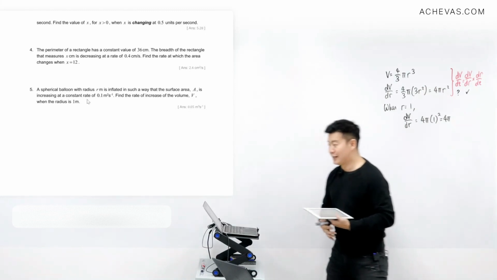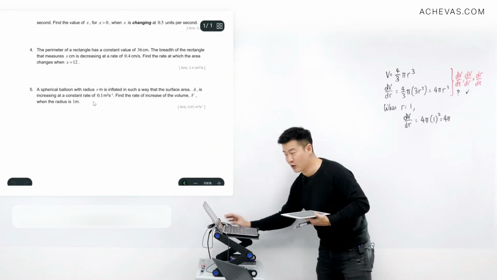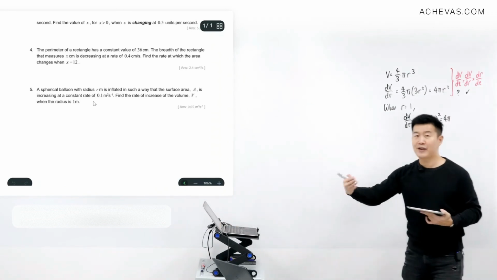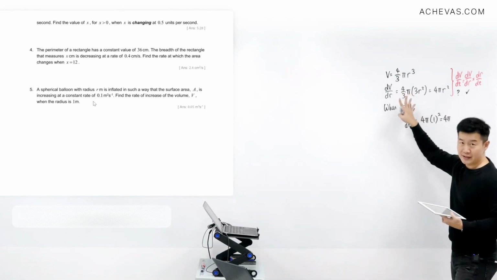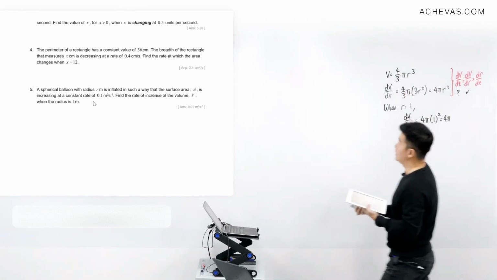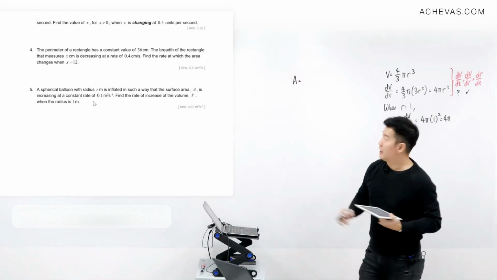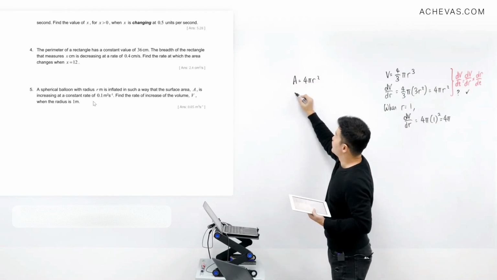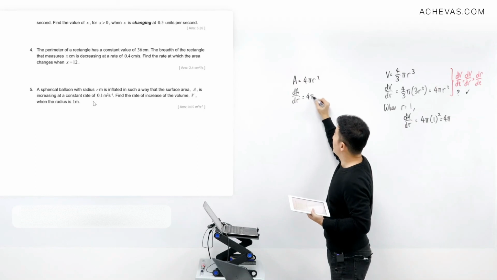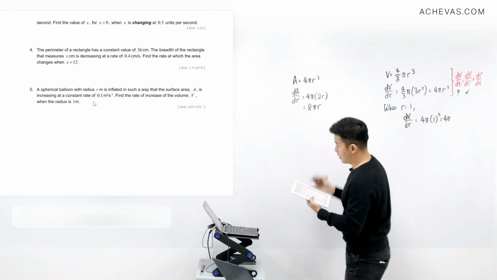We're going to make use of the other information given to us, which is that A is increasing at a constant rate of 0.1, and we have access to the surface area of the balloon. So I'm going to also quote A in terms of r. The formula teaches us that A is equal to 4πr², which means that dA/dr is 4π multiplied by 2r, which is 8πr.